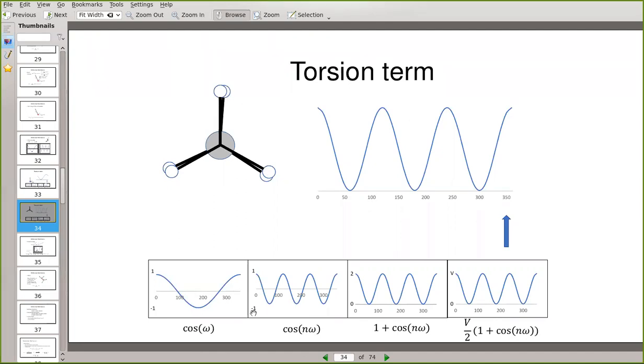Okay, but then we've still got this negative energy problem. We just do 1 plus cos 3 theta to push it up. But then, of course, our energy goes between 0 and 2. We need to scale it to E max or V. And so we just do V over 2 times that. And so we get a nice profile for our ethane as we want it.